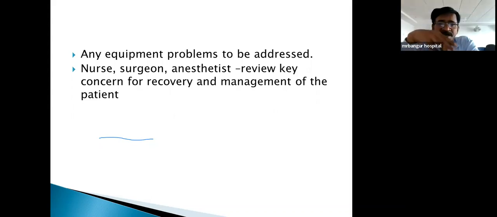Then the nurse asks the surgeon and the anesthetist whether this patient has any concern in the post-op period, and whether this patient needs to be shifted to the ICU or to the ward.